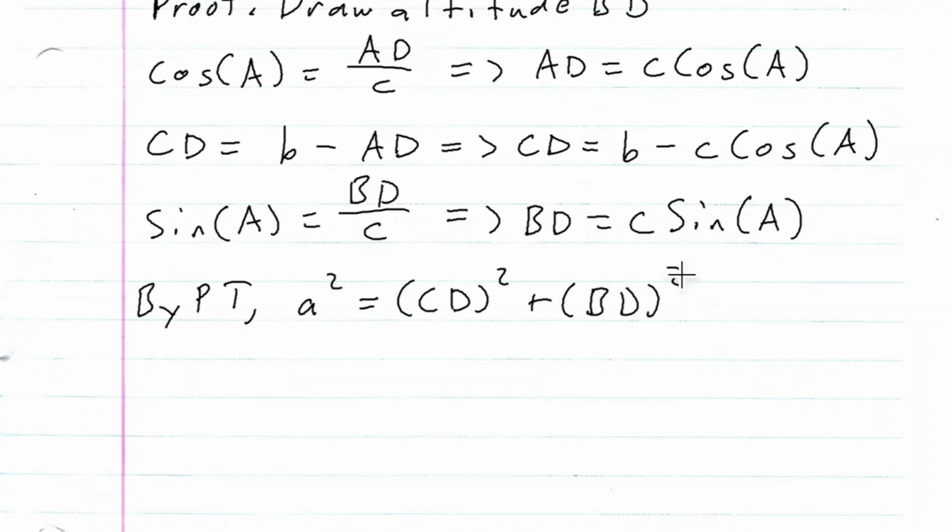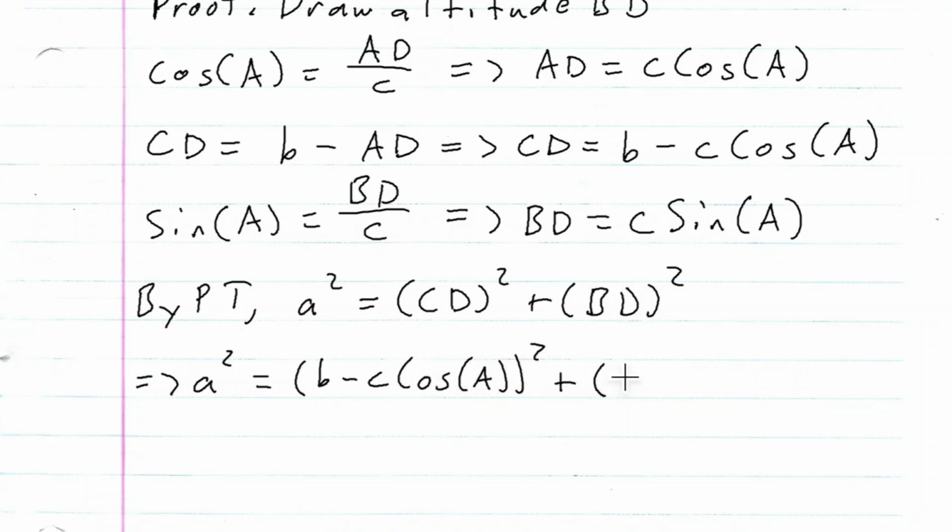And I know CD in terms of b and c and cosine of A, and I know BD in terms of c and sine A. So this implies that a squared is equal to, CD squared is b minus c cosine of A squared, plus BD squared is c sine of A squared.